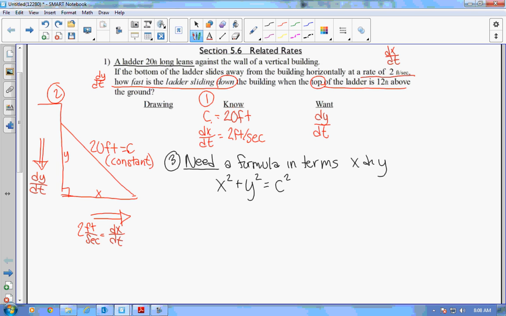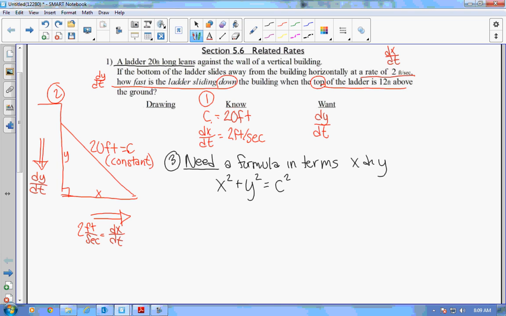Okay. What do we do now? What did we do in the last problem? Not yet. We're still on step 3. We need to get it into terms of the variable we want.